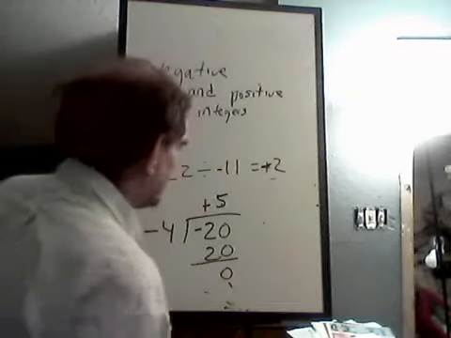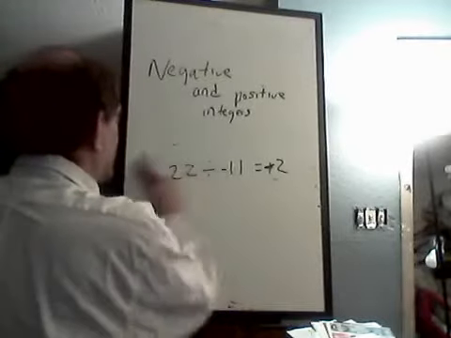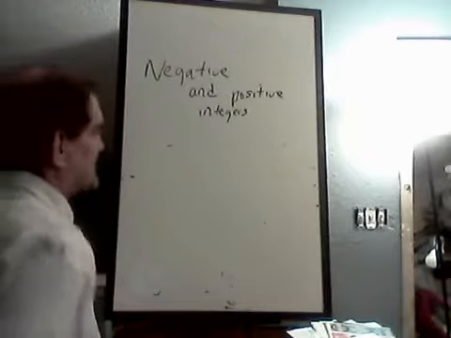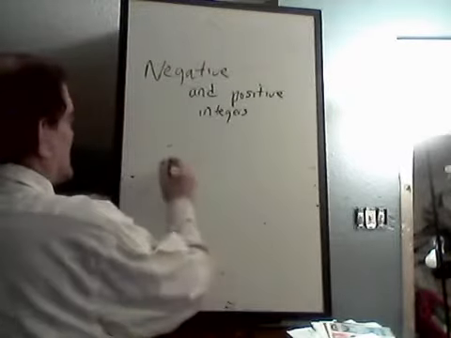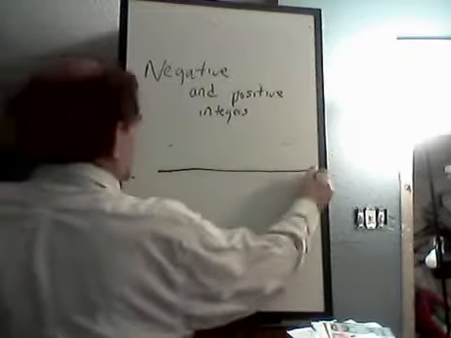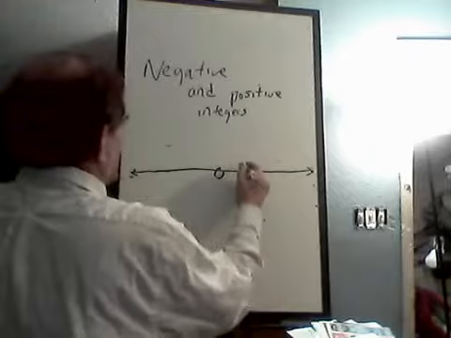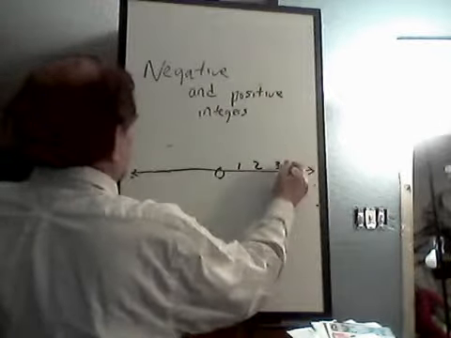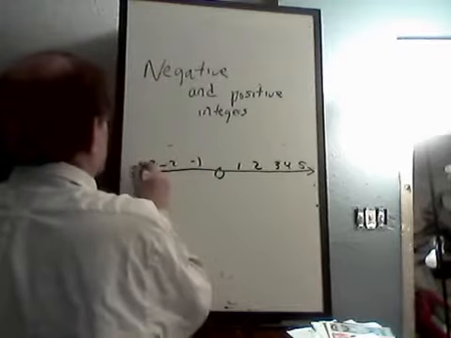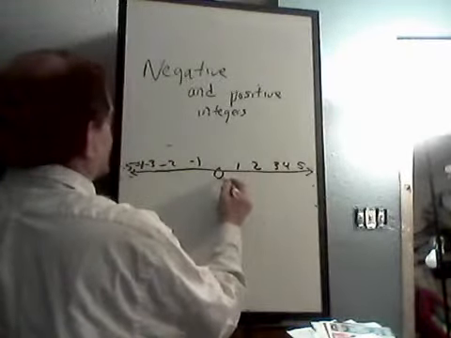Whenever you're dealing with adding, subtracting, multiplying, and dividing negatives and positives, it all goes back to that number line right here. 0, 1, 2, 3, 4, 5, -1, -2, -3, -4, -5, because you're then going like this.